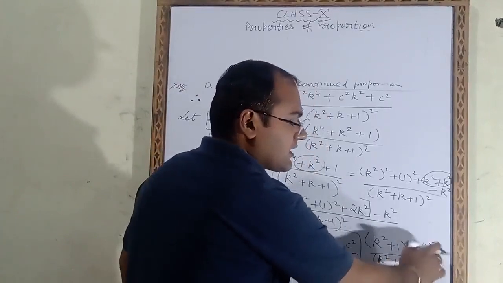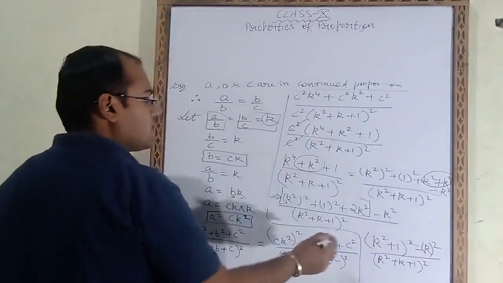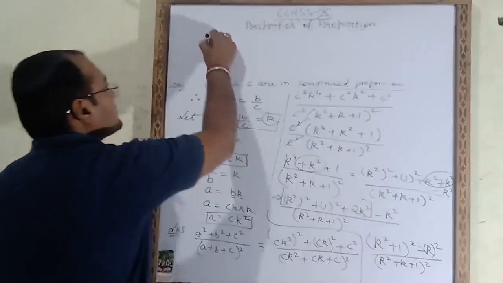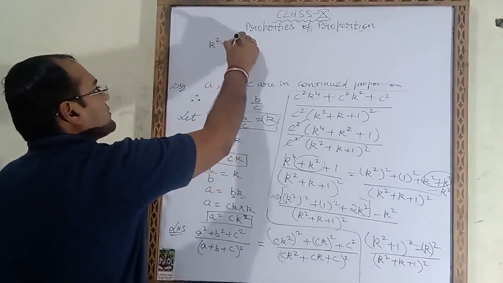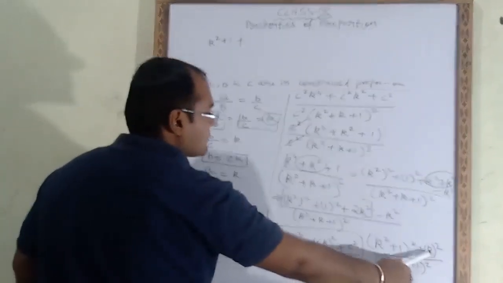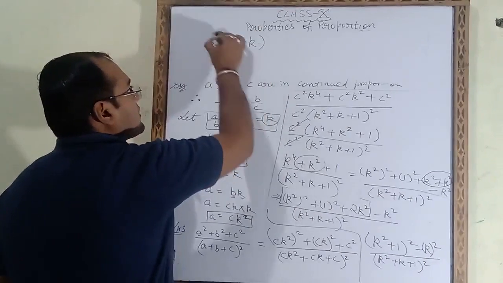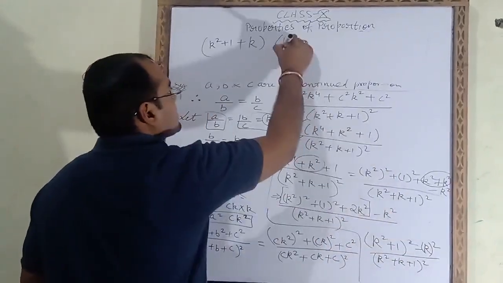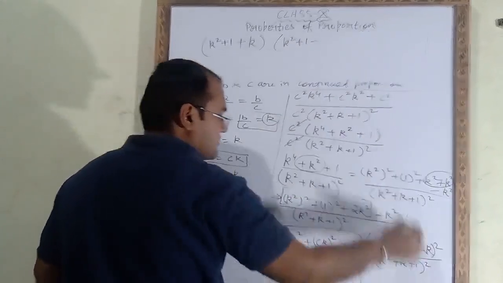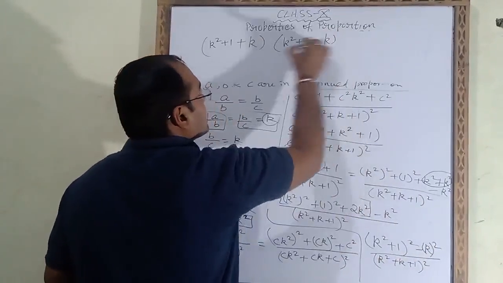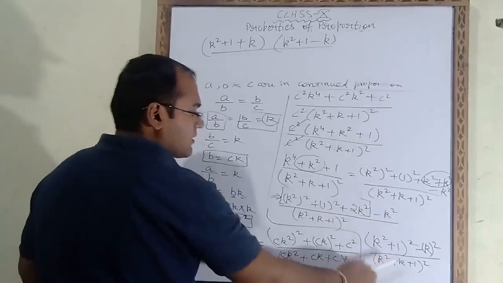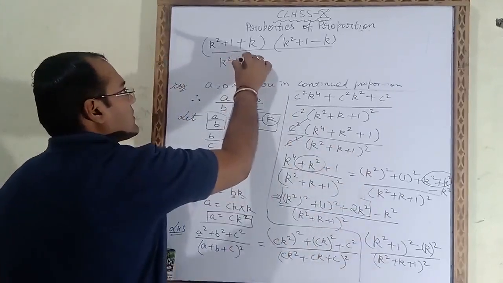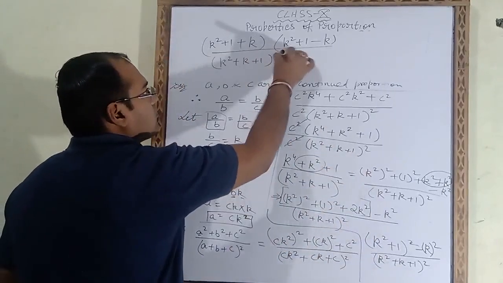So for a square minus b square we will use a plus b. That means k square plus 1 plus k. Okay. And in another bracket we will take a minus b. K square plus 1 minus k upon this term, k square plus k plus 1 whole square.